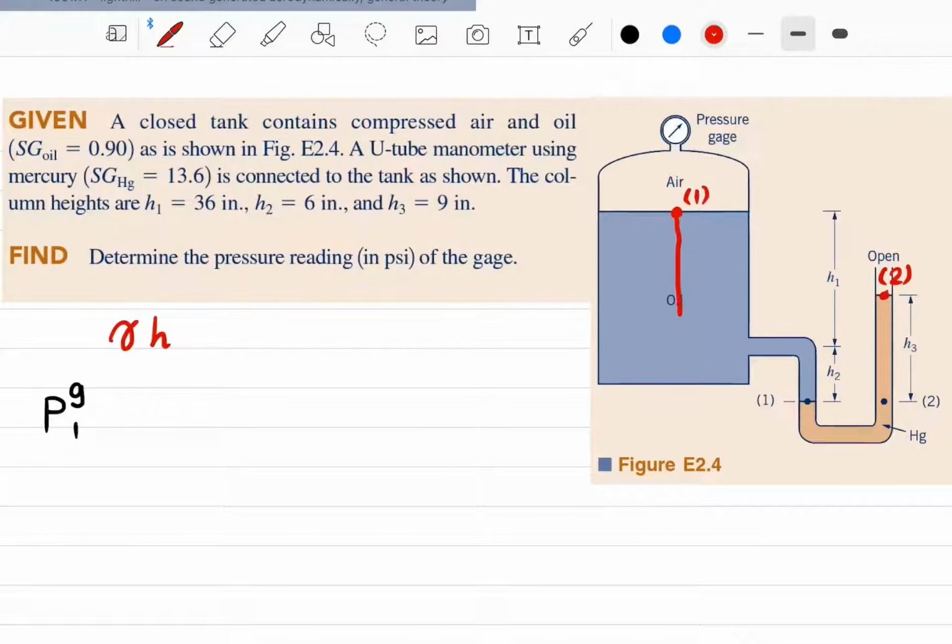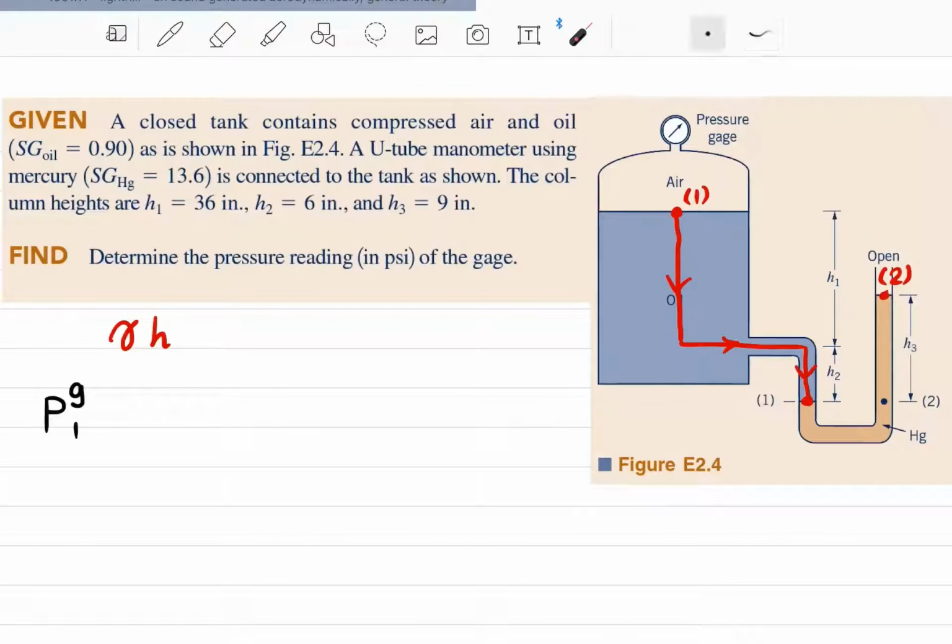So we move downward here, then to the right, then again downward, but at this point the fluid changes, so we stop. So here we move downward, to the right, and downward. And as we said, H is evaluated from the free surface, which would be here in this problem.